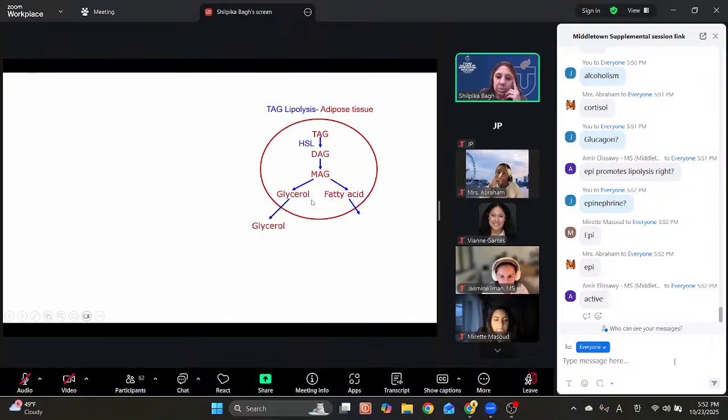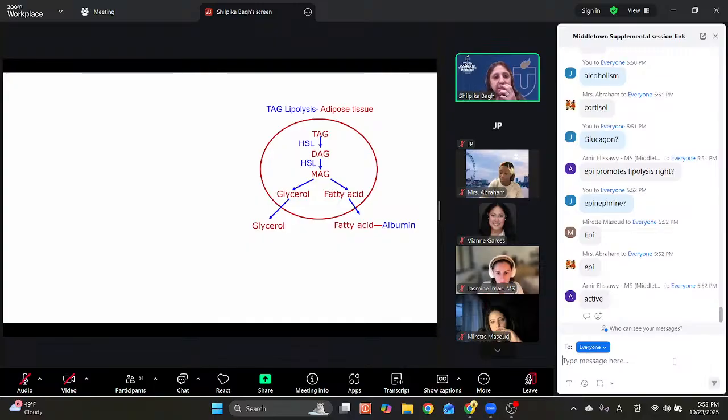So in the low insulin state, when you turn on TAG lipolysis, what is released in the circulation? Glycerol and fatty acid. So this is what I was telling you. Looking at this diagram, which enzyme, when active, leads to high fatty acid in the circulation?